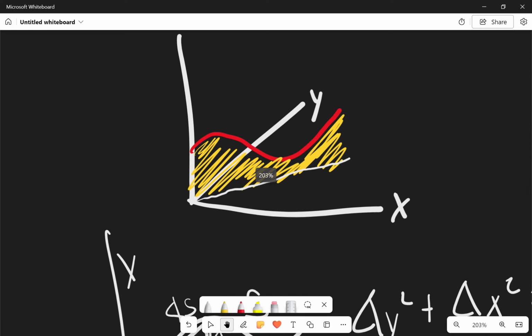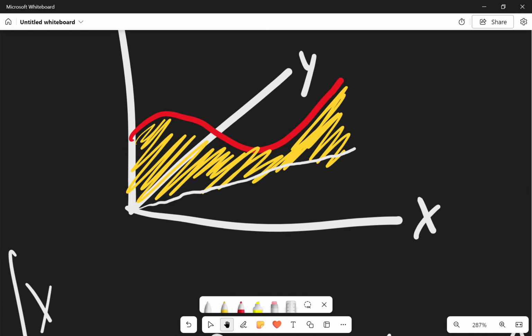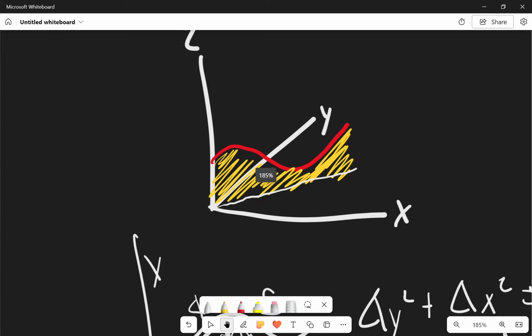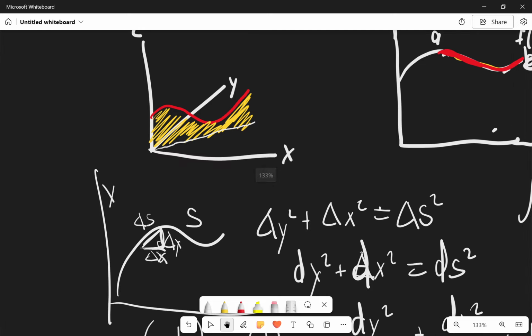The line integral is basically the area under the line given by the path that is given by whatever parametrization you are using.